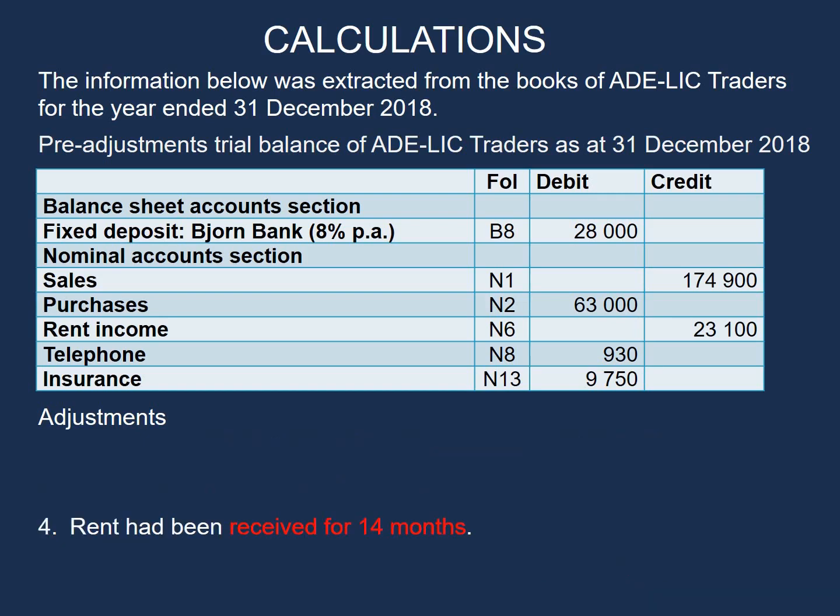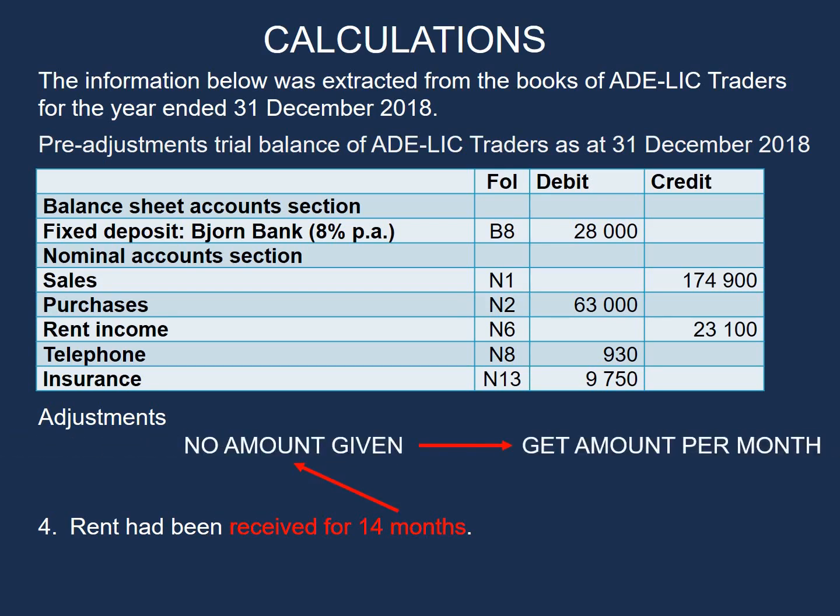Our last adjustment reads as follows: rent had been received for 14 months. Remember, a financial period has 12 months, so we received rent for 2 months extra. In this adjustment, no amount is given, so we need to get the amount per month. And how do we do that?